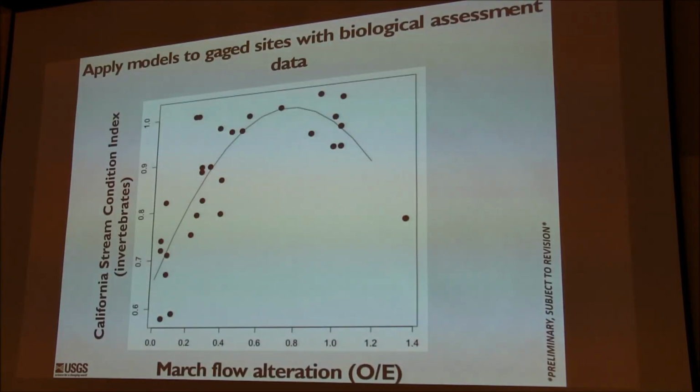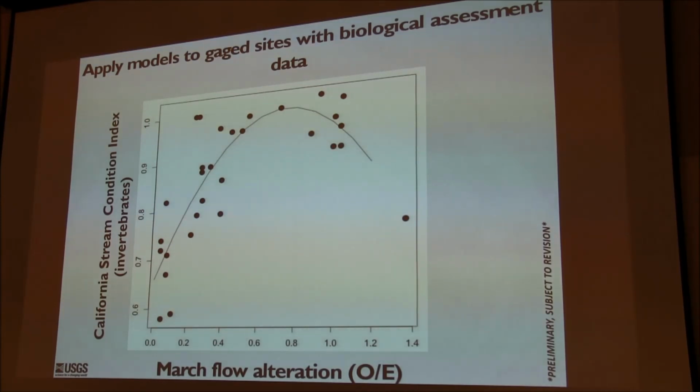Here's an example using this sort of model data in conjunction with bioassessment data. This is from some work we did in the Sierras. On the y-axis is the California Stream Condition Index, and on the x-axis is the amount of flow alteration in the month of March. So how much flow is altered in the spring, if March is a good surrogate for spring.